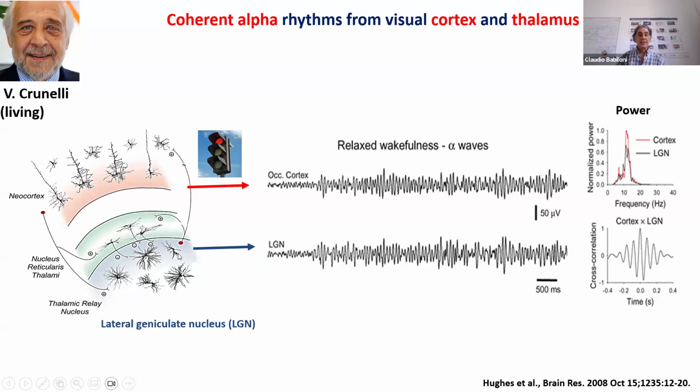You see that we have thalamo-cortical neurons from the thalamic relay nucleus with the axons targeting cortical pyramidal neurons. And also the neurons of the nucleus reticularis of thalamus.